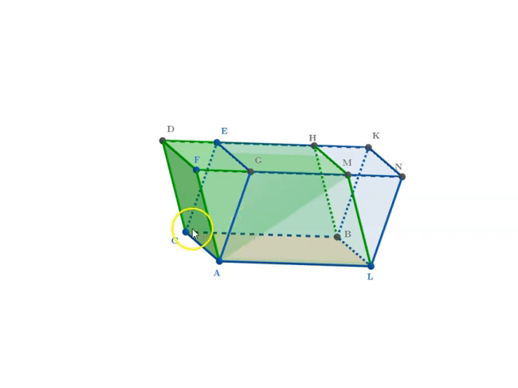Parallelogram CF is equal to parallelogram BM, opposite faces of a parallelepipedal solid. Similarly, parallelogram CG is equal to parallelogram BN, again opposite faces of a parallelepipedal solid.